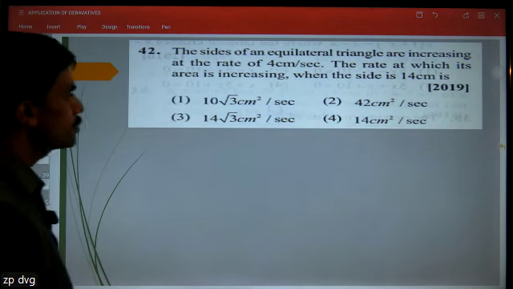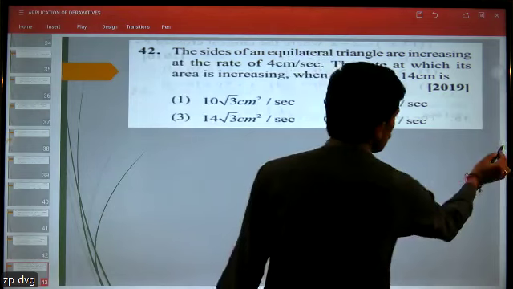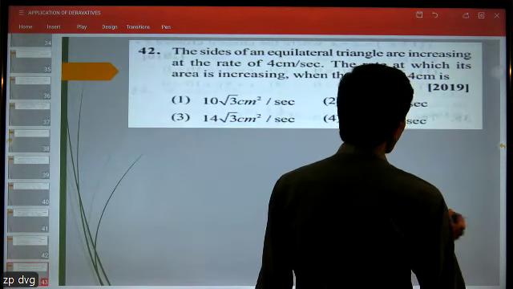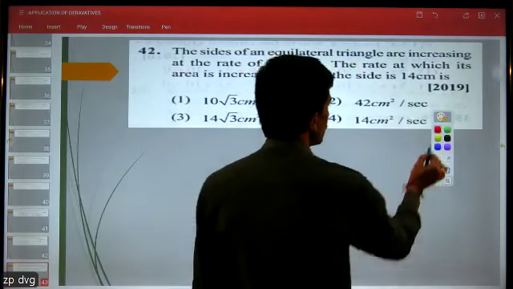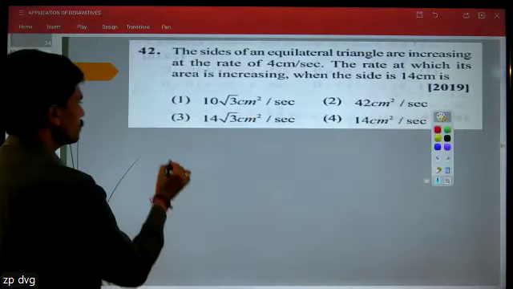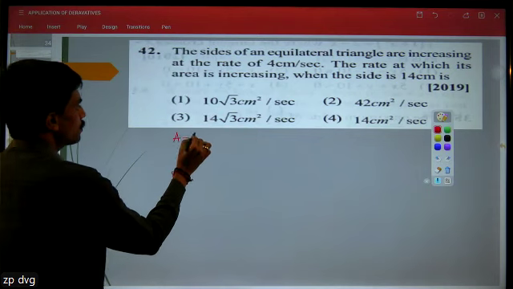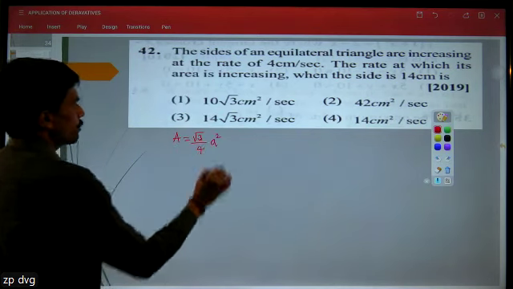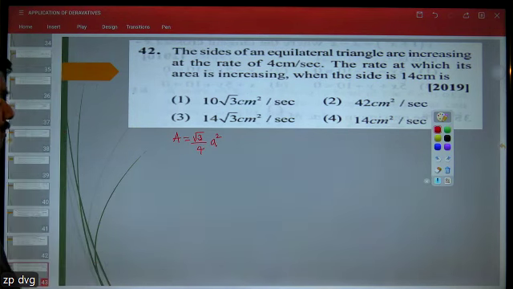For this, we have to know the formula for the area of an equilateral triangle: A equal to root 3 by 4 a square. So here side is a.